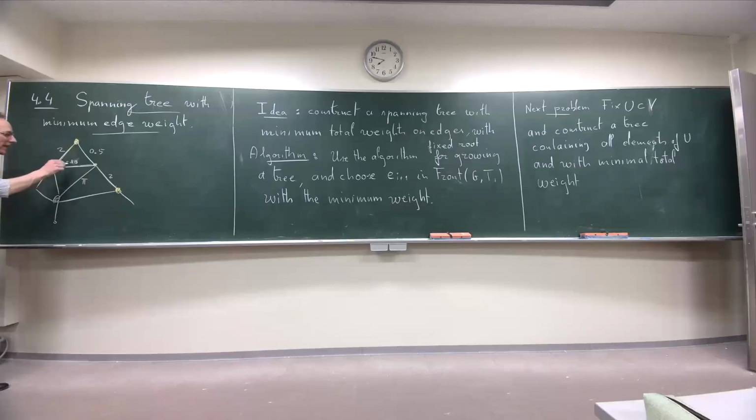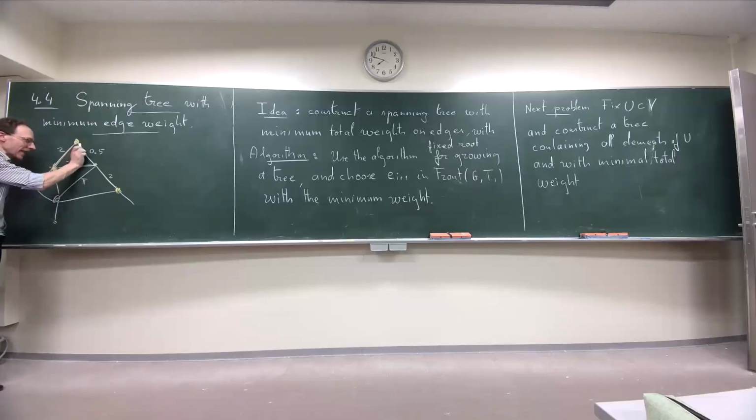So whenever you have a negative weight, it doesn't really matter if this number is negative, but you should not have a cycle with a negative total weight. Because if you have a cycle with a negative weight, then you just turn around it as many times as you want, and you lower the total weight. So just be careful about this.